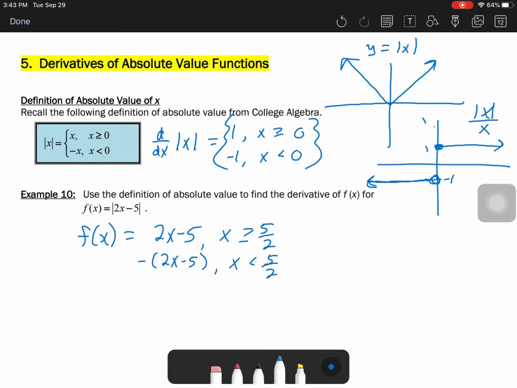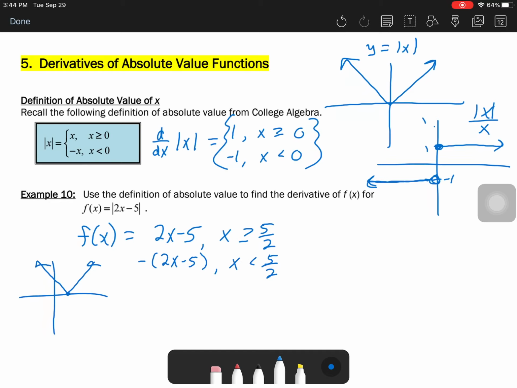Now why is it 5 halves? Because if you graph this out, the absolute value of 2x minus 5 has an x-intercept at 2.5, and you end up with a graph that looks something like that. So that would be what that definition is.